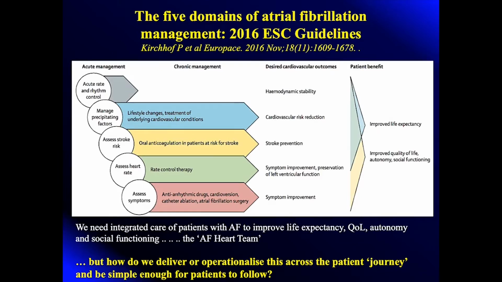And some of these lead to improved life expectancy. Some, of course, lead to improved quality of life, autonomy, and social function. But it's important to have a simple message on how to deliver and operationalize this across the patient journey, across the patient pathway, and simple enough for patients to follow as well as non-specialists.